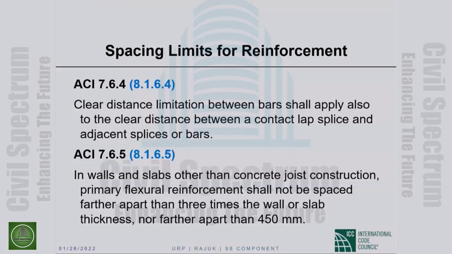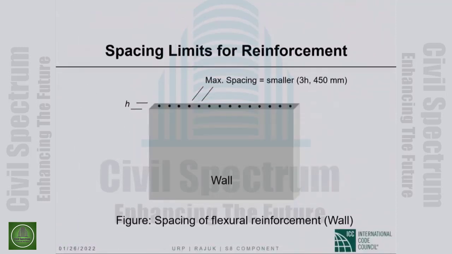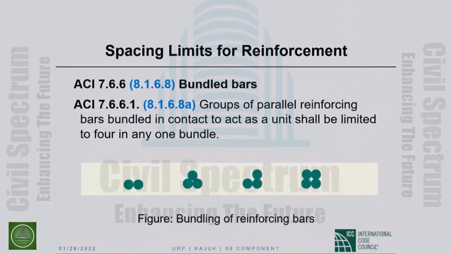Here, this is much more general. In walls and slabs in general, the spacing shall not exceed 3 times the wall or slab thickness, nor 450 millimeters. So if it is a wall, maximum spacing is the smaller of 3 times the thickness or 450 millimeters.